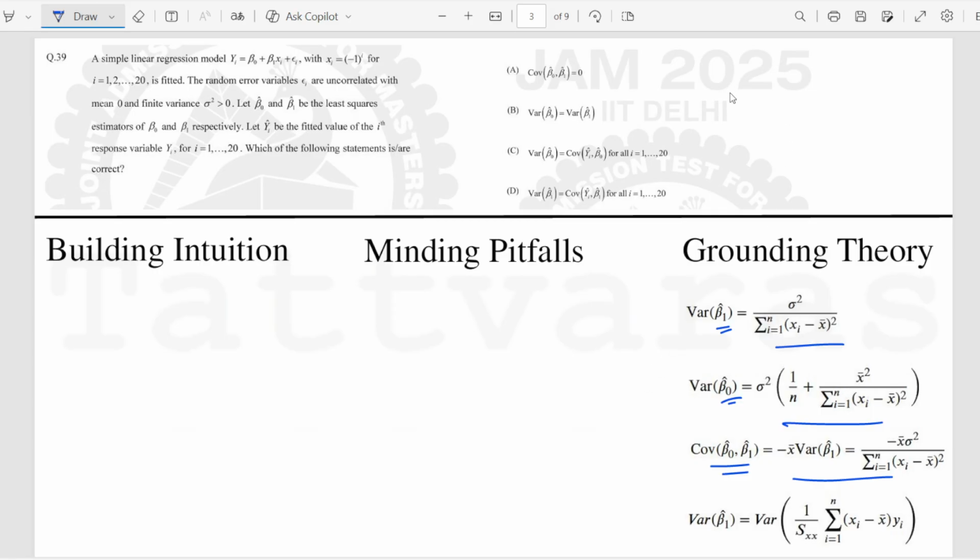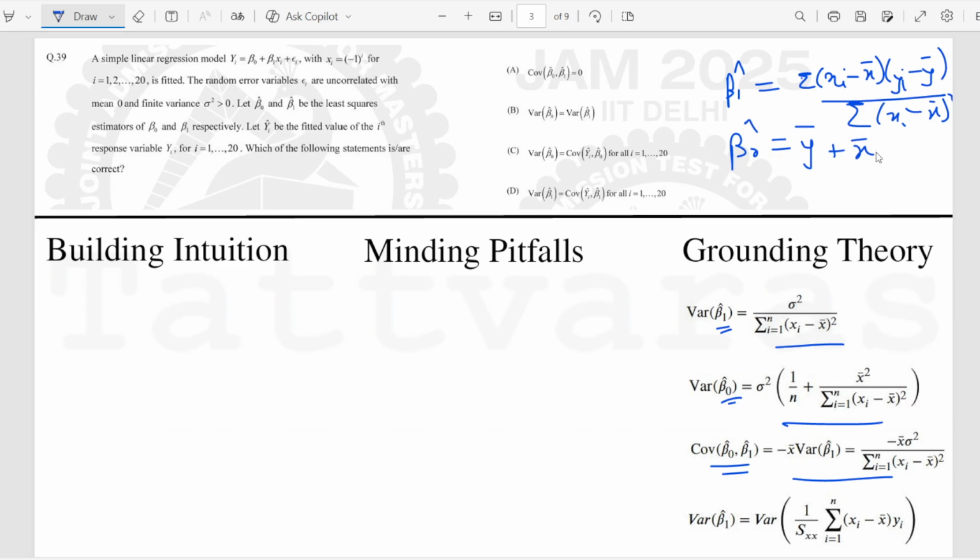Even if you remember that beta 1 hat is given by summation (xi - x bar)(yi - y bar) divided by summation (xi - x bar) whole square, and beta naught hat is essentially y bar plus or minus x bar beta 1 hat, one of the signs, either plus or minus, but this is it.